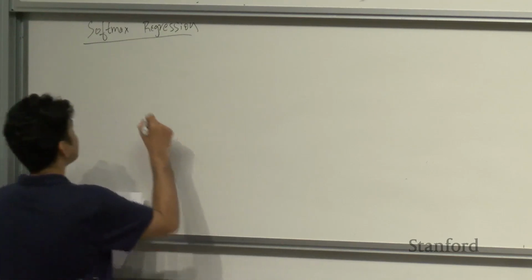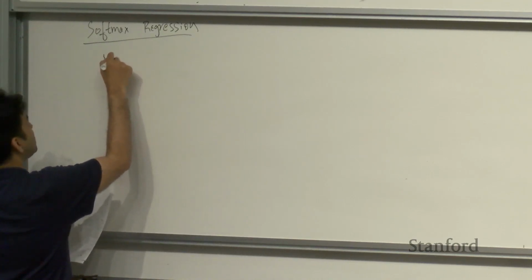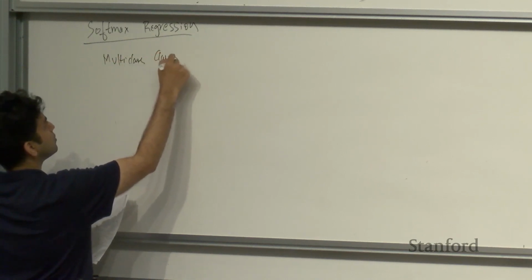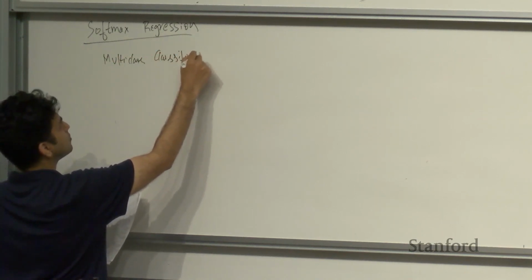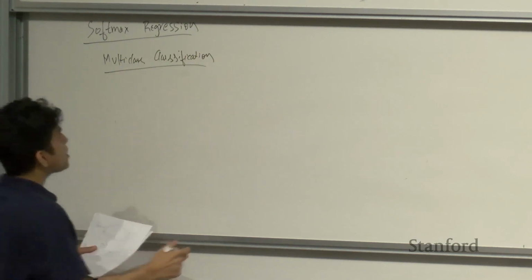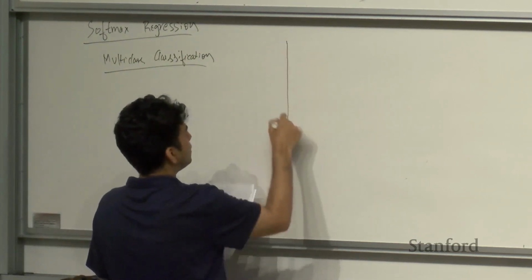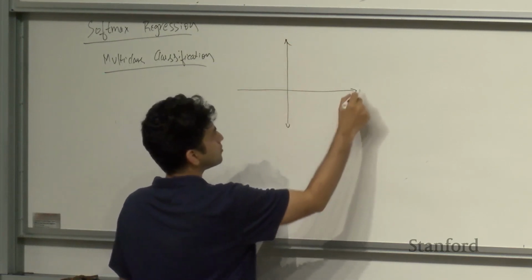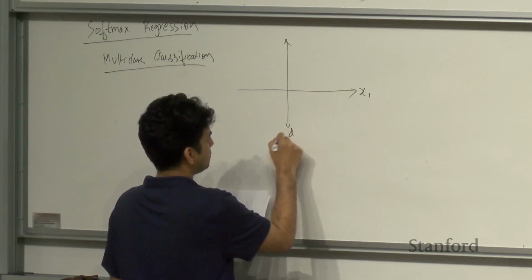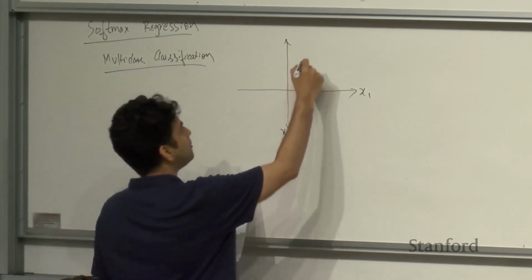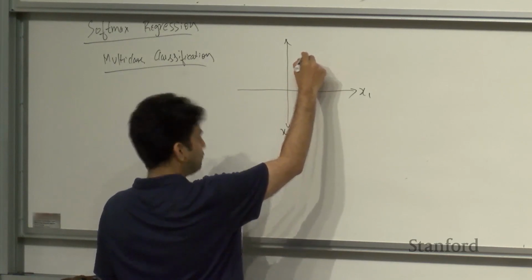So softmax regression is for multi-class classification. Let's start with some pictures. In case of logistic regression, with inputs x1 through xd, we started off with two classes.